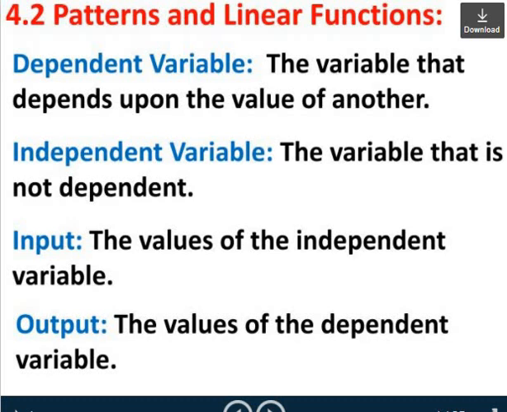The column to the left is the x values, which is the independent variable, which we call the input, and the output is the y values, which is the dependent variable.